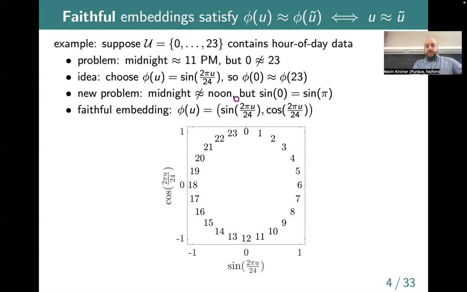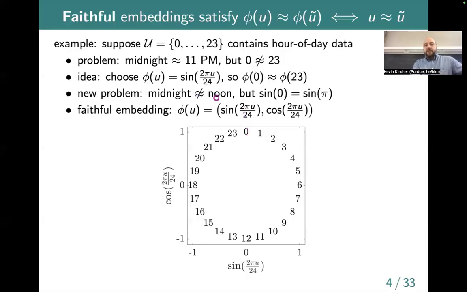Each of these features would run between -1 and 1, so I'm plotting -1 to 1 on the x-axis and on the y-axis. When u is equal to 0, sine of 0 is 0, and the cosine of 0 is equal to 1. So we're up here at the point (0, 1). Here's where 0 would be.